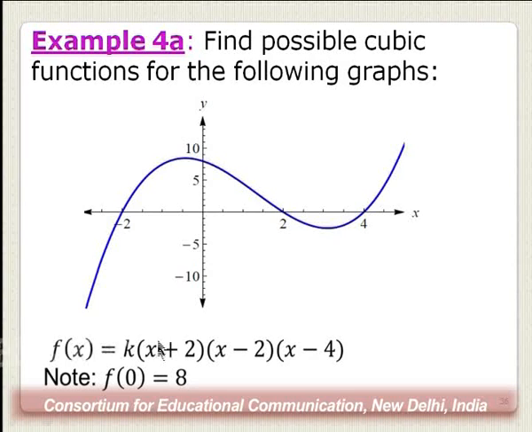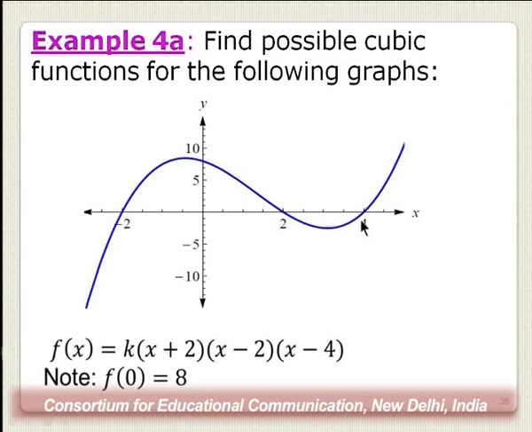But the point is, at x equal to 0, I want a value of 8. I don't want a value of 16. So what I'm going to do is use a value of k which is equal to half, because once I put k equal to half, then that will satisfy this fourth piece of information.